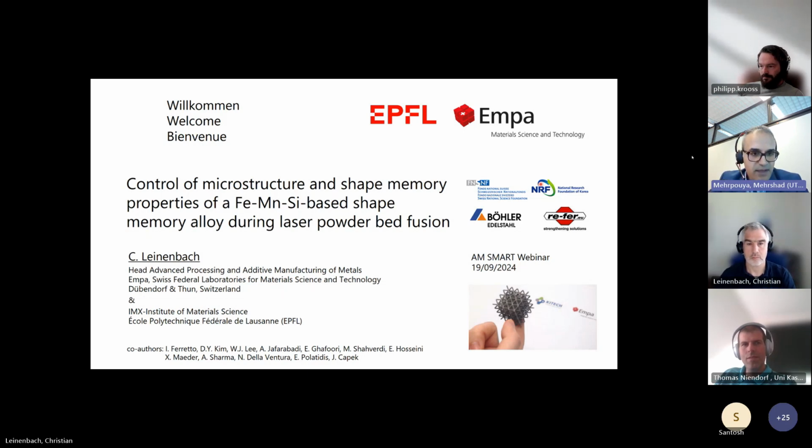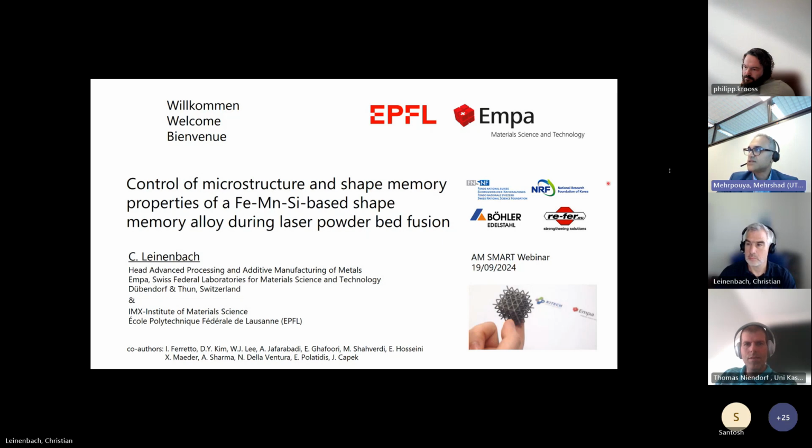We have another session related to the shape memory materials, advanced manufacturing, and in particular, additive manufacturing. The host of this session is Professor Thomas Niendorf from University of Kassel. Professor Niendorf has very nice experience on different types of shape memory alloys and also different types of advanced manufacturing processes.